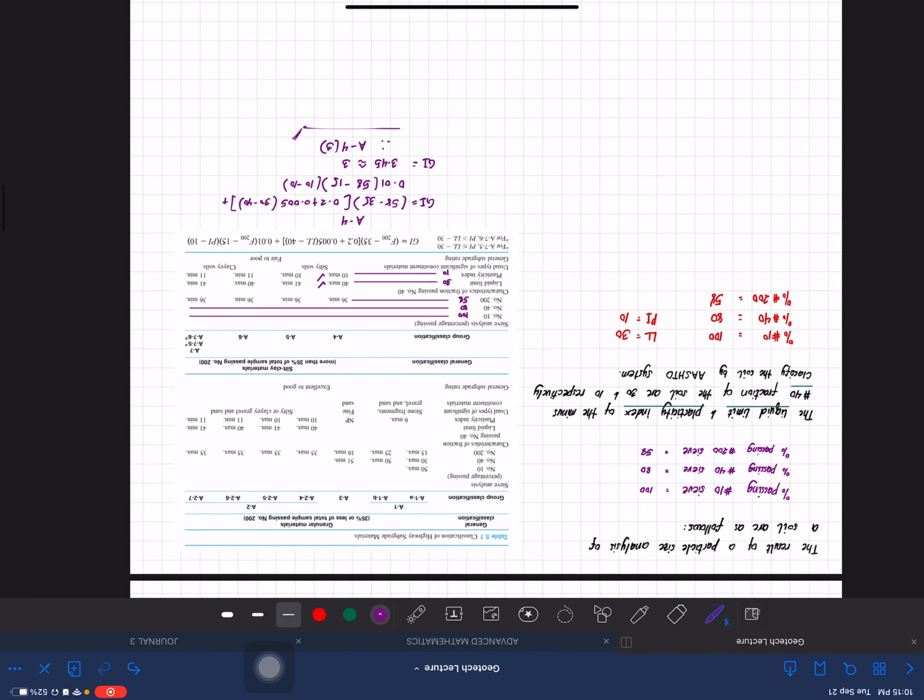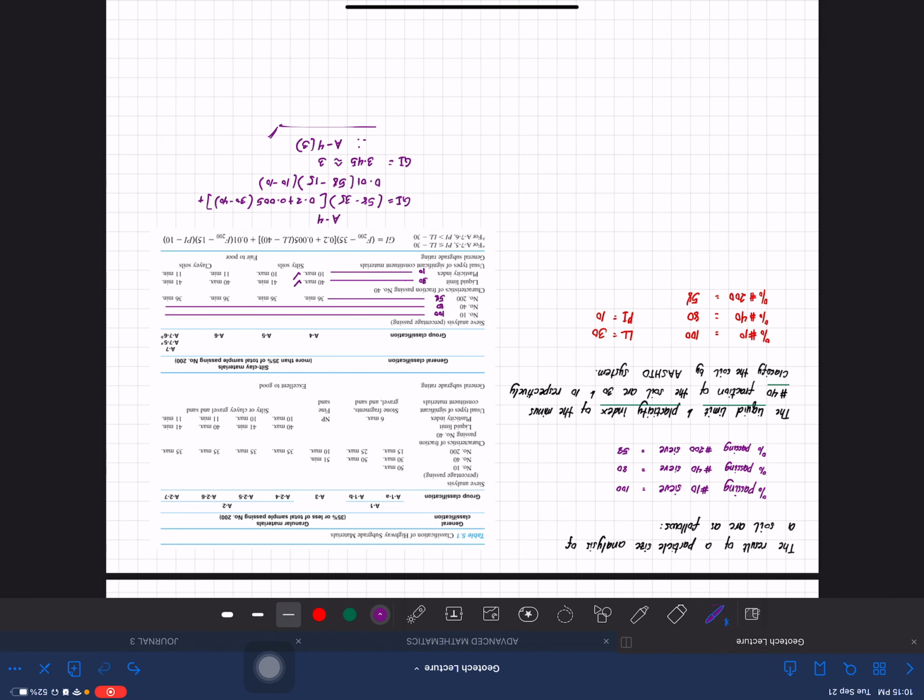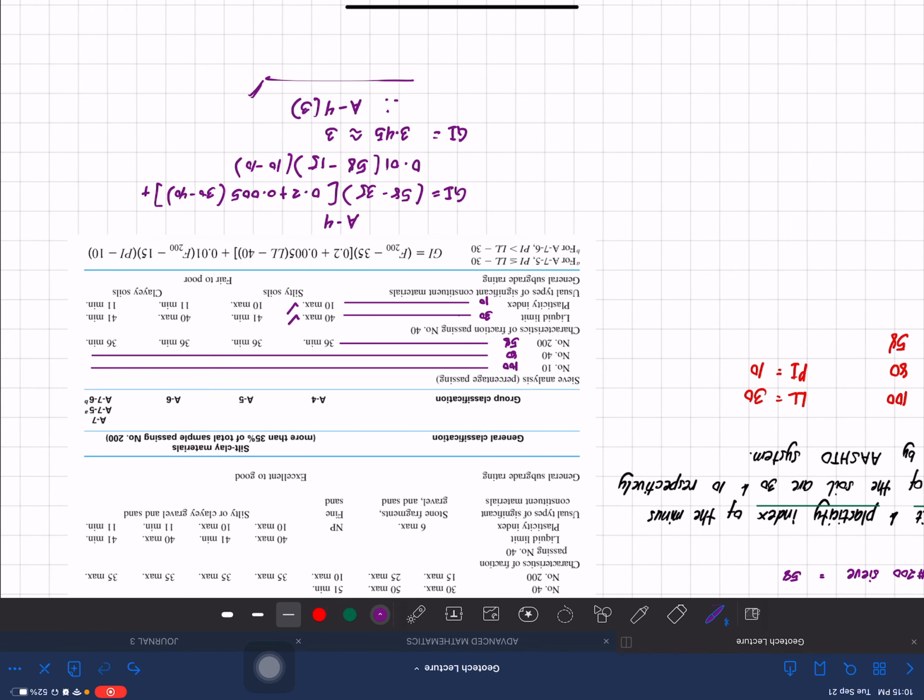Try nyo lang sagutan ulit guys yung problem later on. So, what's the first step again? Determine the percent passing at the number 200 sieve. Then once you're able to determine that, you can classify the soil as silty clay material or the granular material.